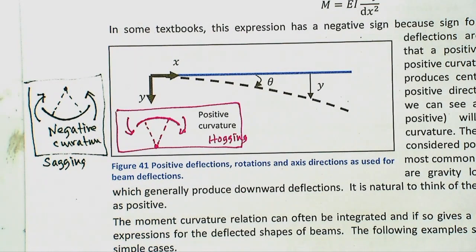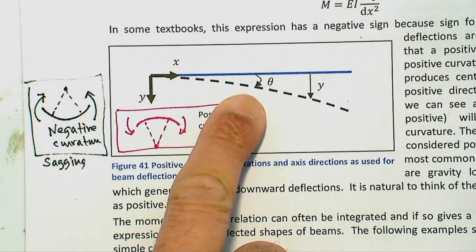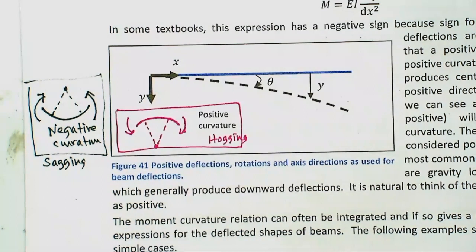So negative curvatures are caused by sagging bending moments, and positive curvatures by hogging bending moments. That is purely because of the way we have chosen our moment direction. Always remember, positive moment creates positive curvature for our lecture, our course.